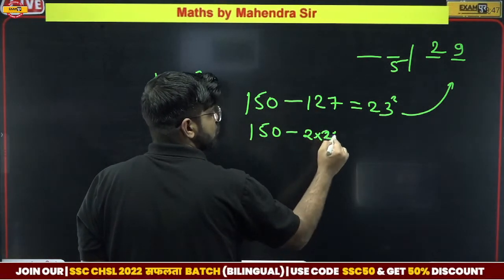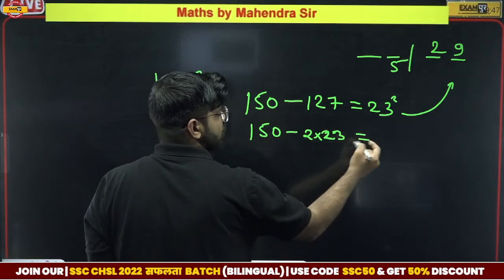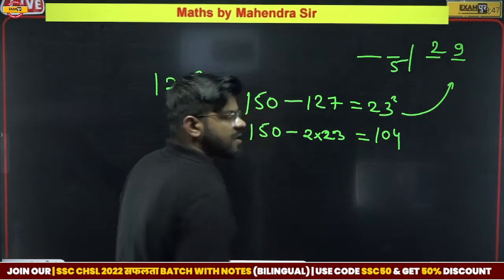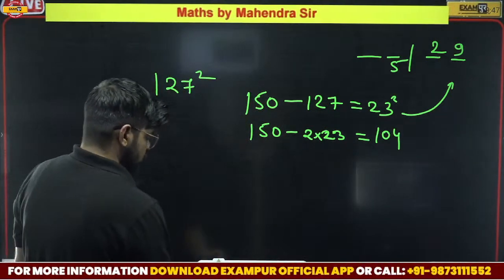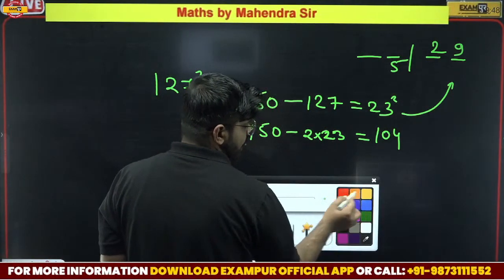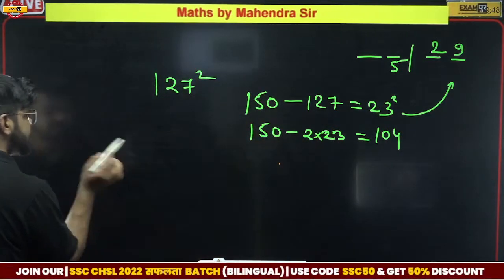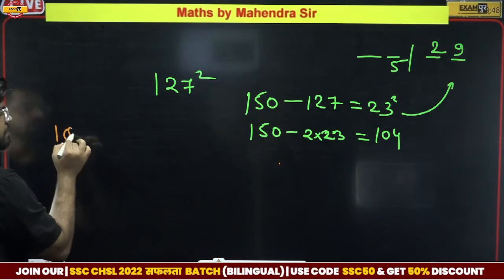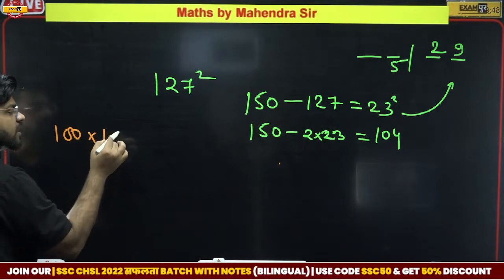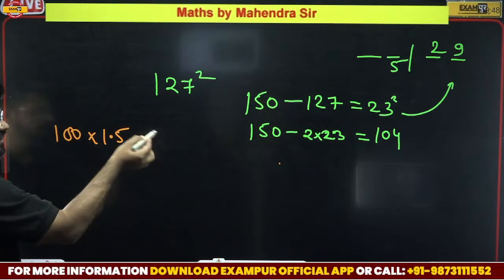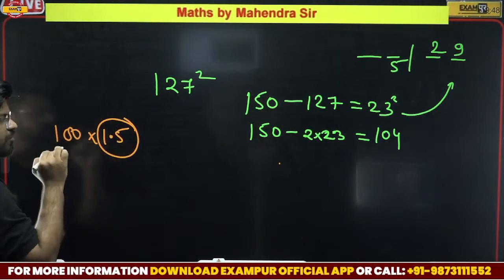So 2 into 23 is 46, and subtracting 46 from this, you will get 104. Now you have to multiply this by the factor by which 100 is multiplied. What do we multiply 100 by to get 150? We multiply by 1.5.